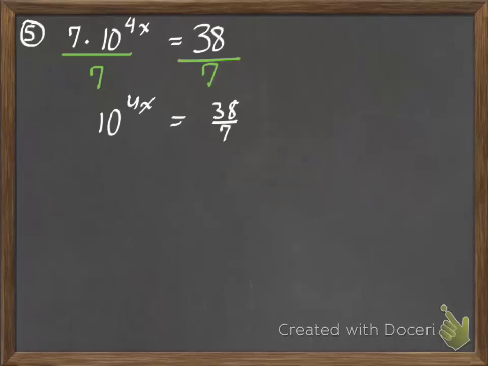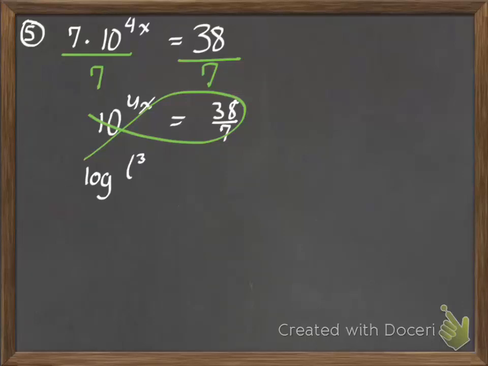Now, what do we need to do next? We need to fish it, because we have the exponent is equal to a number. So log base 10, do I need to write the 10?